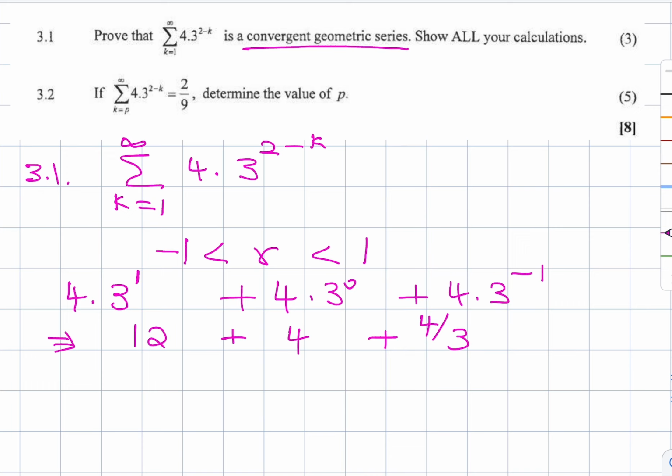Now we're going to work out the value of r. If you say 4 divided by 12, that will give you 1 over 3. And then if you say 4 over 3 divided by 4, that will also give you 1 over 3.